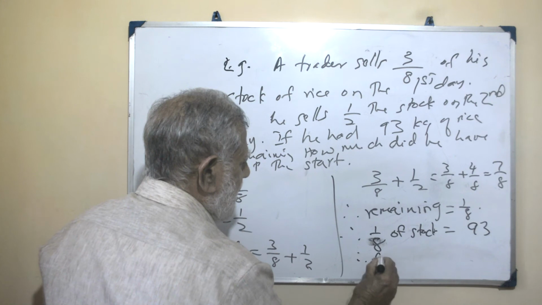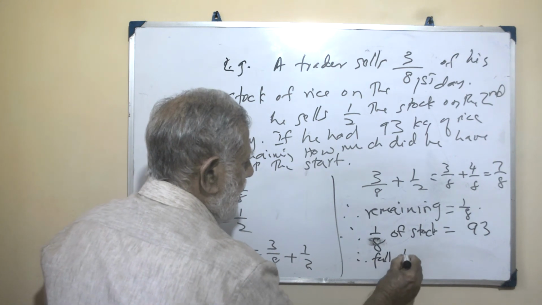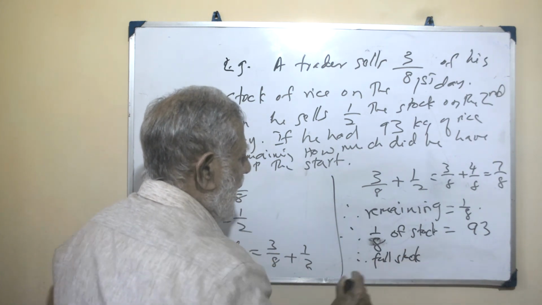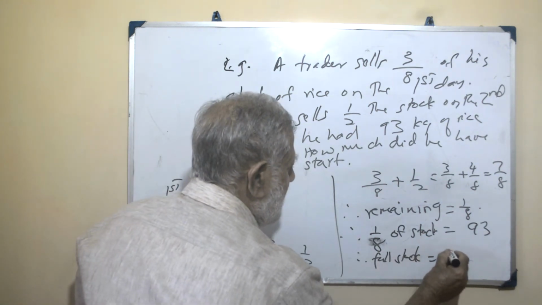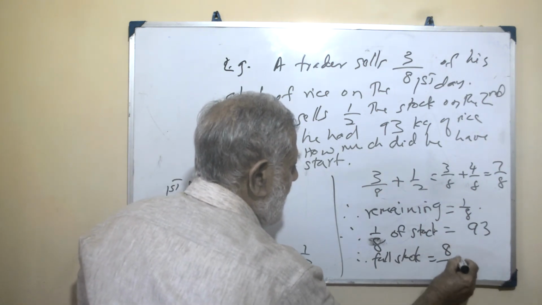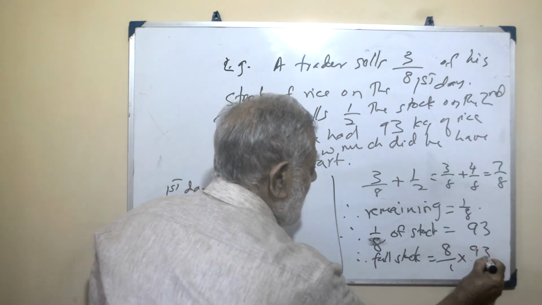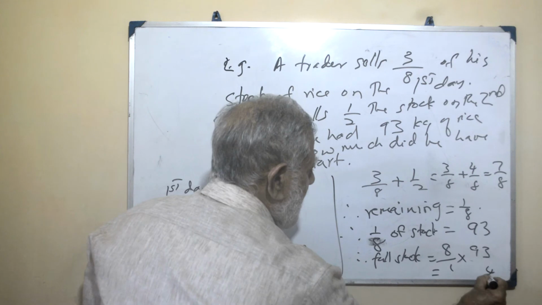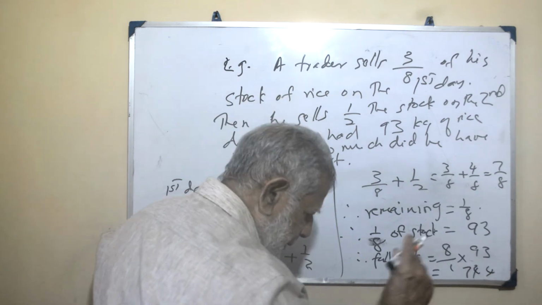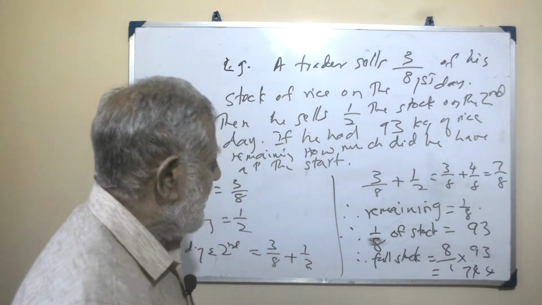Therefore full stock, as I told you before, we invert 1/8 to 8/1 into 93. So when you multiply, 8 3s are 24, and so on, it is 744. 744 kilograms of rice he had at the beginning.